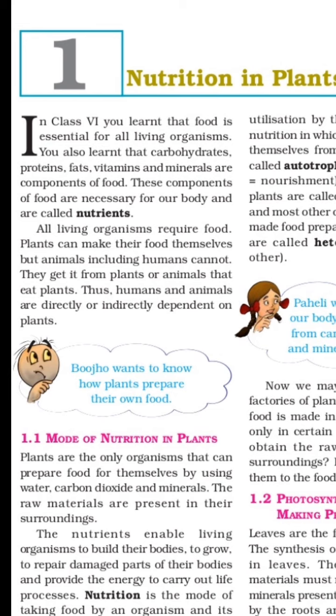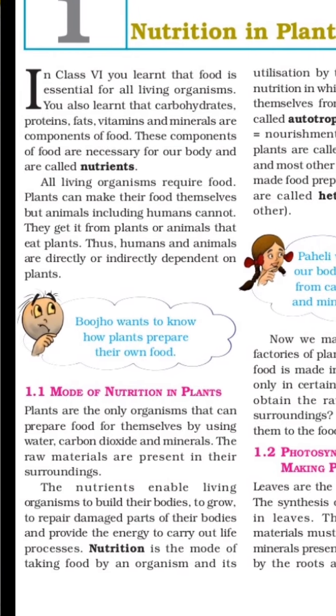Because plants make their own food and herbivores depend upon plants. Suppose plants are not there on the earth, herbivores cannot survive. Carnivores depend upon herbivores. Suppose herbivores are not present on the earth, then carnivores also cannot survive. Omnivores depend upon plant and animal products, and they also cannot survive. In this way humans and animals are directly or indirectly dependent on plants.